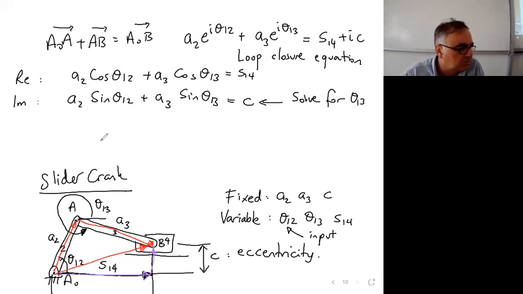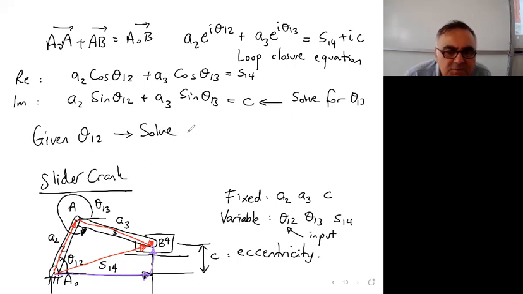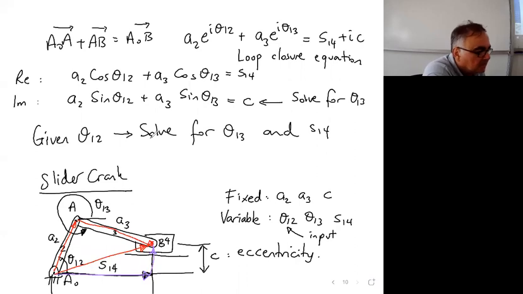It's easier to solve here. So given theta 1, 2, you can easily solve for theta 1, 3 and S14 from here, which gives you the solution for our equation.